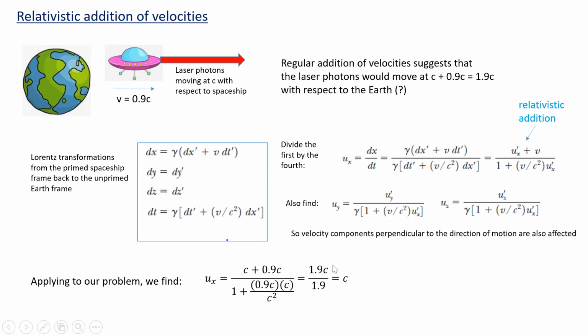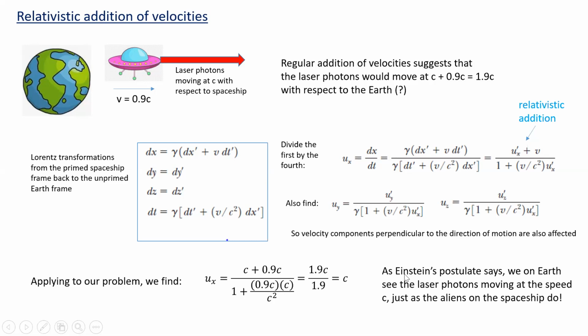So that'd be 1.9 c over 1.9, or just equal to c. And so we find, as Einstein's postulate says, we on the Earth would see the laser photons moving at the speed c, just as the aliens or creatures on the spaceship did. They saw those photons moving out at velocity c.